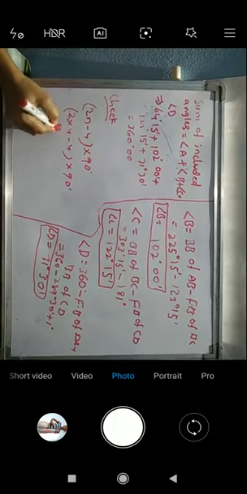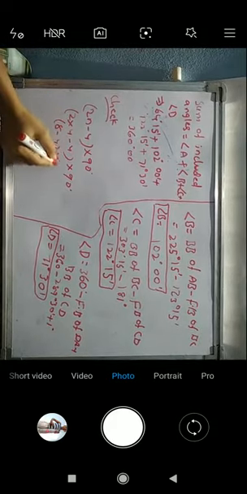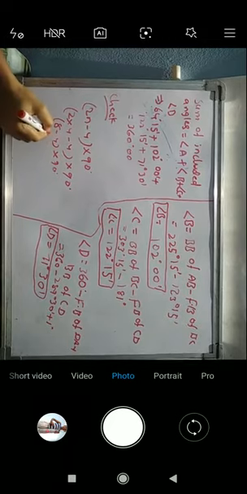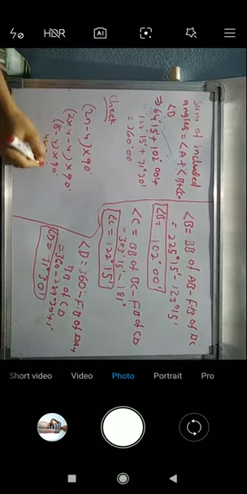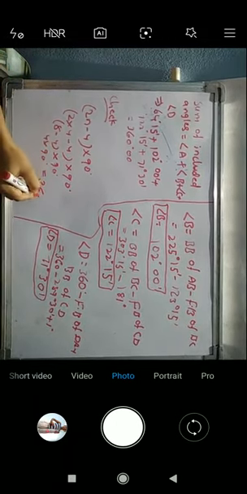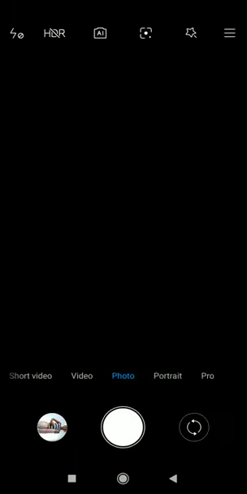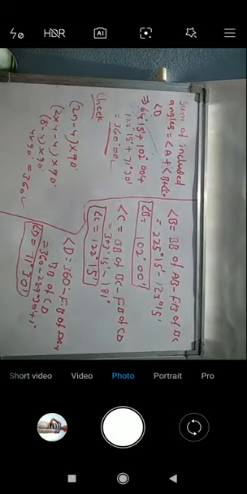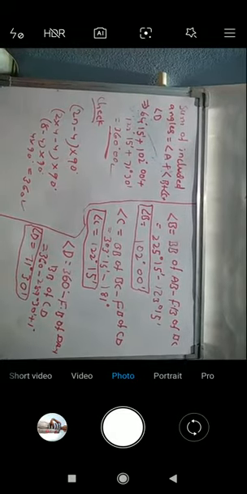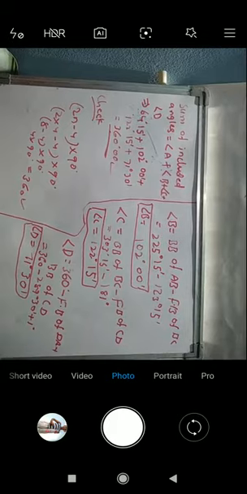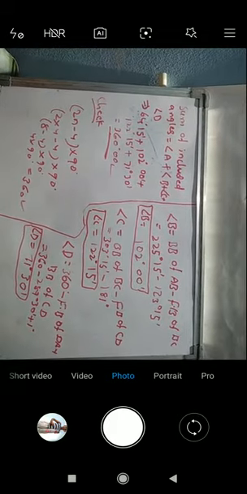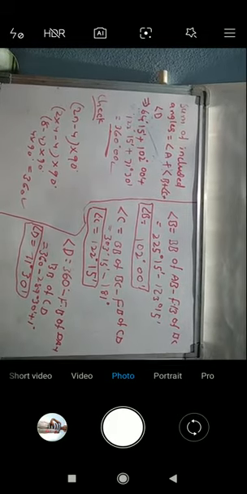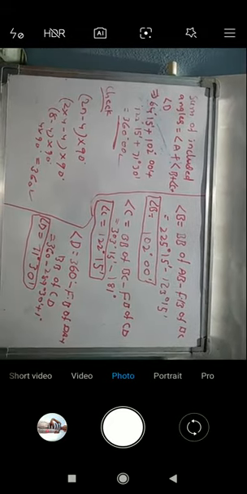This is 8 minus 4 into 90, 4 into 90, 360. Our sum of the calculated included angles is 360 and this is also 360. So the calculated angles are right. Like that you can check your angles. Is it okay? Right. You can note down.